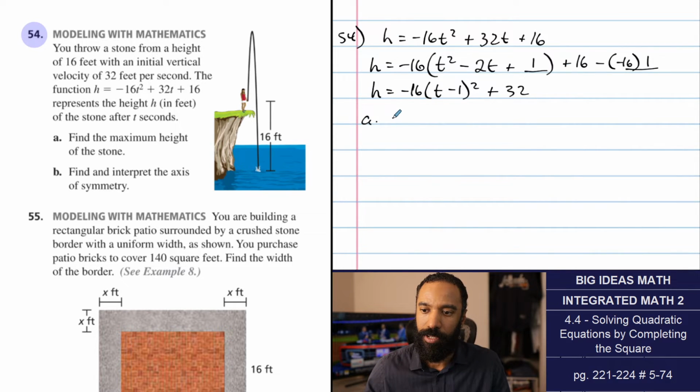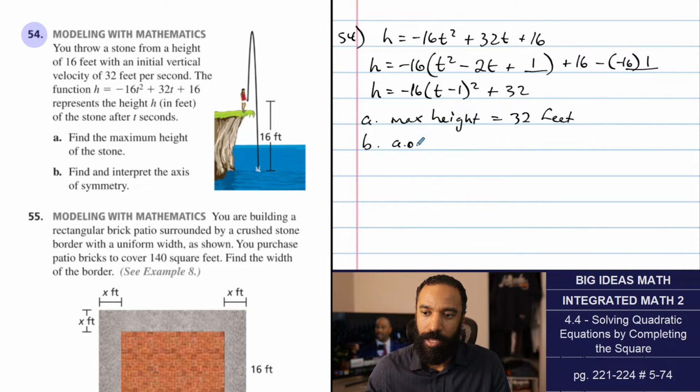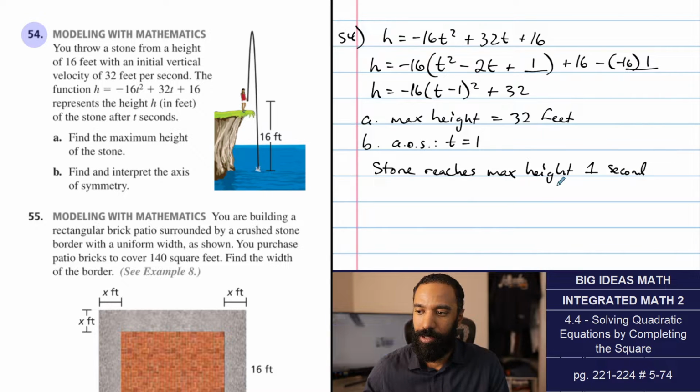So the maximum height of the stone, max height is 32 feet. And then the axis of symmetry, t equals 1, tells you that 1 second after your throw, the stone reaches maximum height. 1 second into throw, after thrown or whatever.